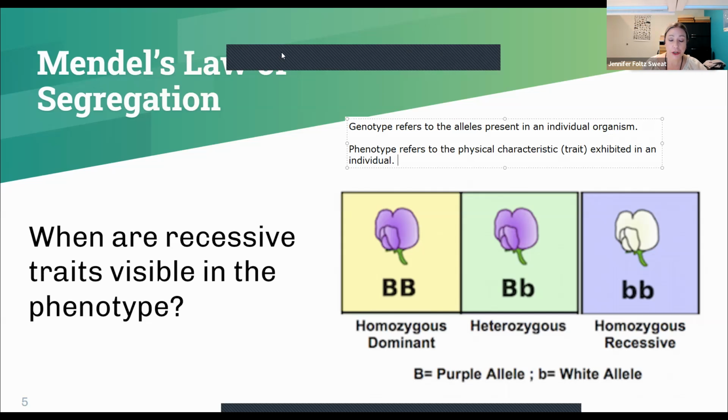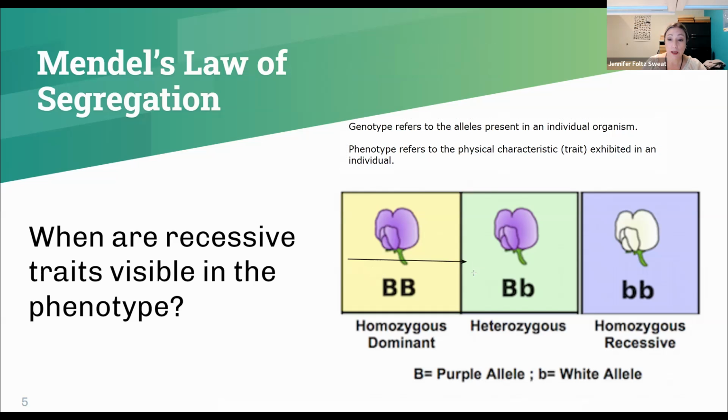Now, in the picture, I have 3 flowers. The genotypes are big B, big B, big B, little b, and little b, little b. The phenotypes are purple, purple, white.